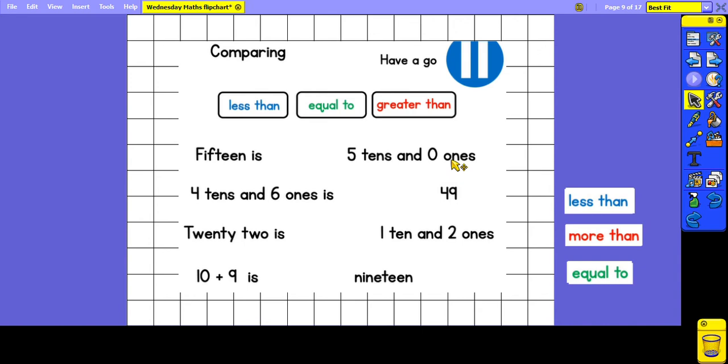So these are quite tricky. 4 tens and 6 ones. So think about how many tens you have got and how many ones. What number is that? And then you are comparing that number to 49 and so on. So pause the video now and have a go.